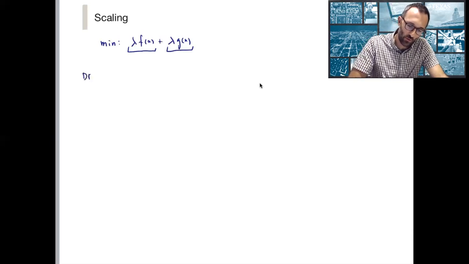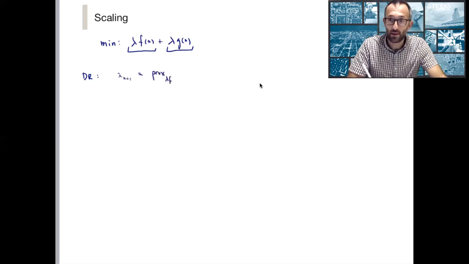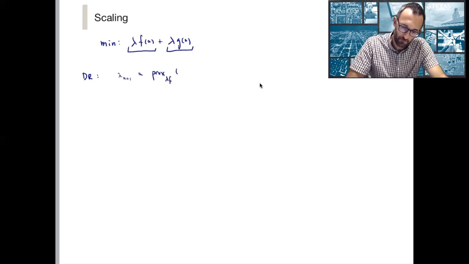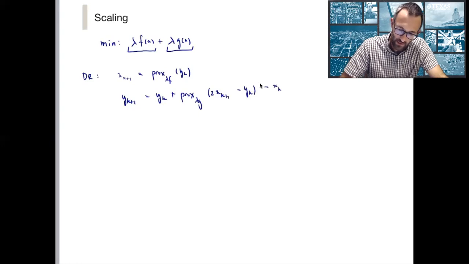So the original formulation of DR would look like xk+1 is equal to prox of lambda f of yk, and yk+1 is yk plus prox of the scaled function lambda g evaluated at 2xk+1 minus yk, minus xk+1.